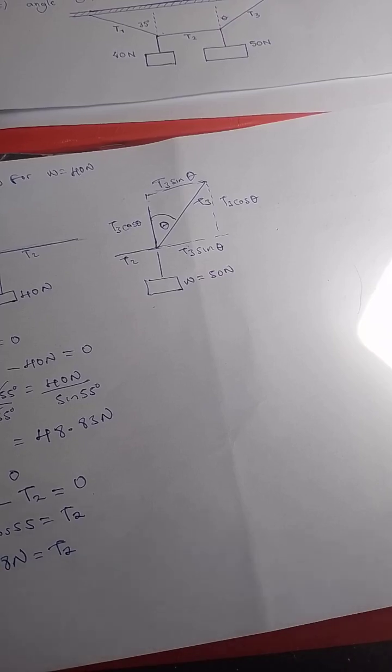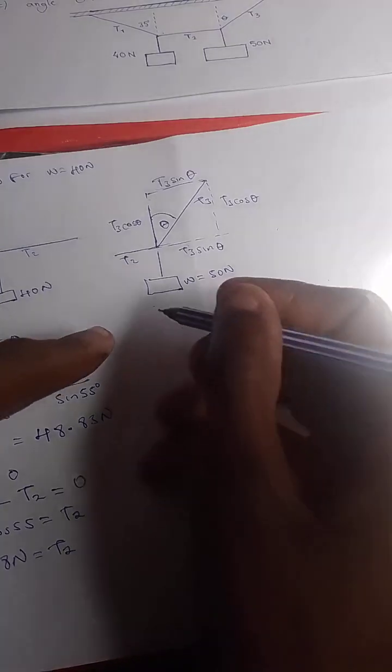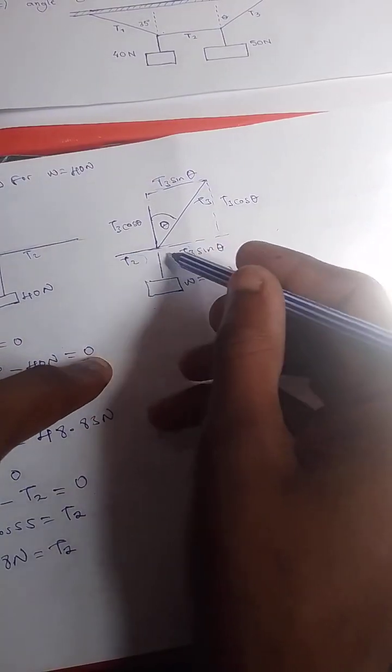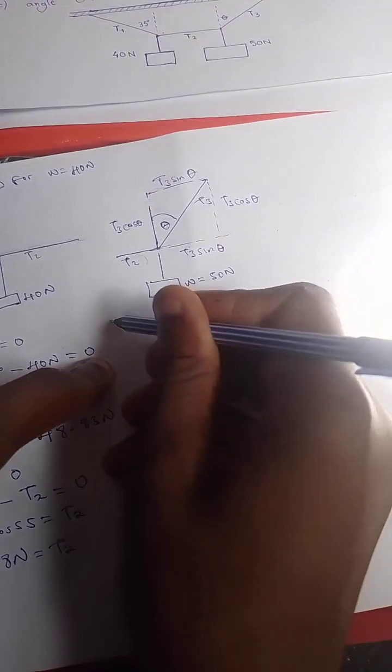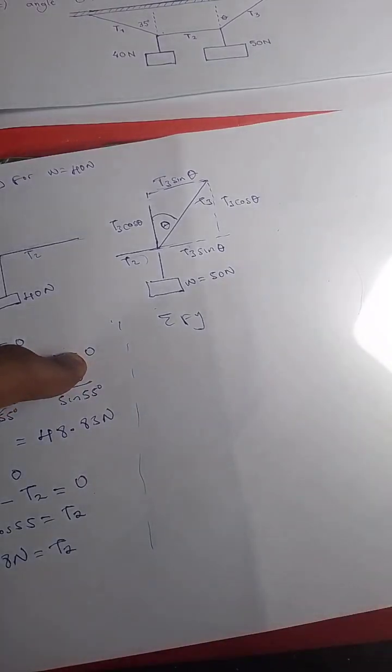We are done with the first free body diagram, so let's go to the other free body diagram that we have created. The second free body diagram is saying that we have T2. So the summation of F in y for this free body diagram should be equal to 0.